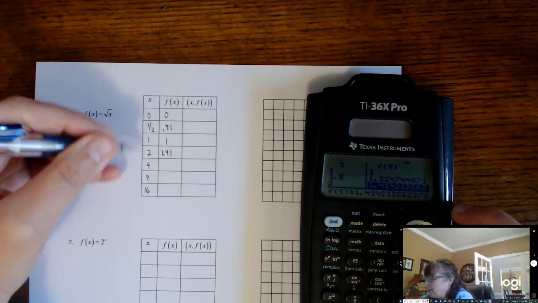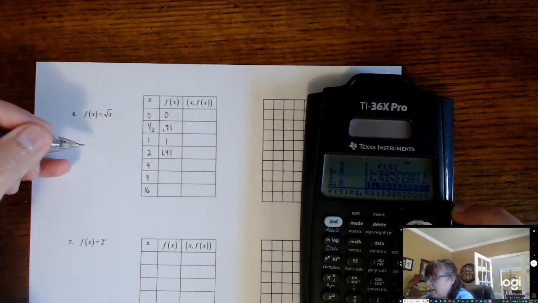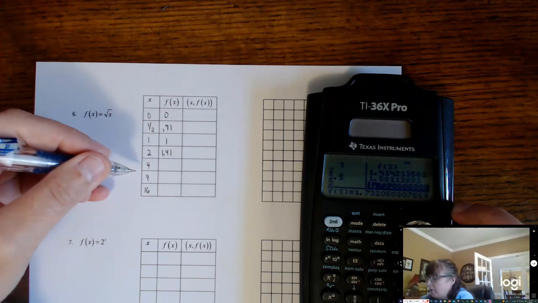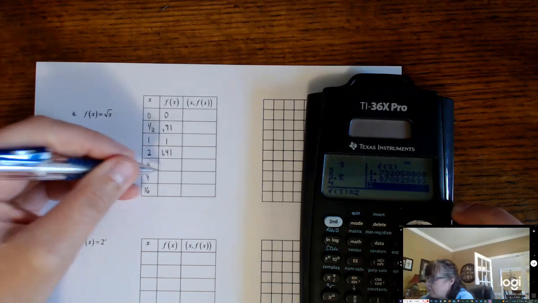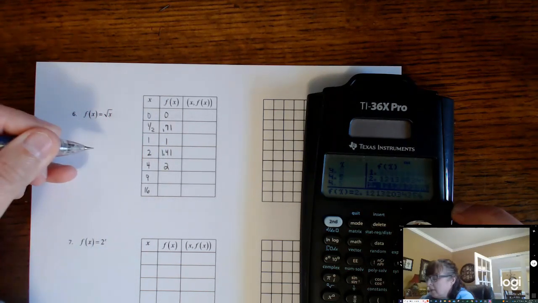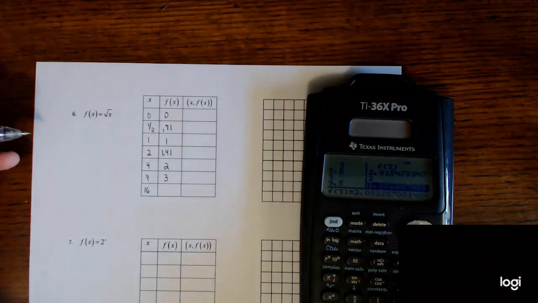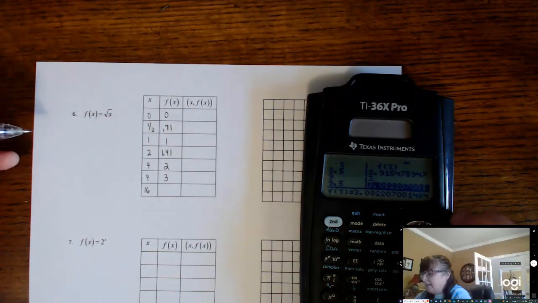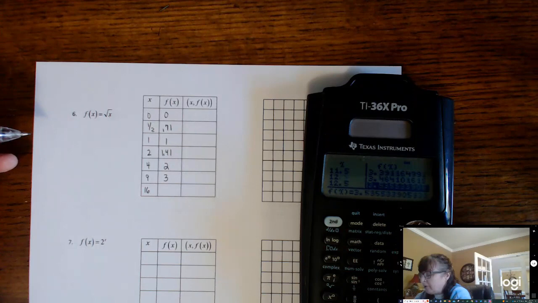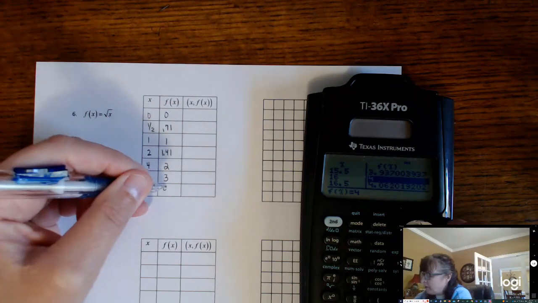So I skipped 3, and I went right to 4 because I know the square root of 4 is 2. But again, you can use your calculator so you can keep scrolling till you see a nicer number. There's 9. The square root of 9 is 3. And then I'm going to have to go all the way to 16, all these irrational values. And then we get to 16, you get 4.